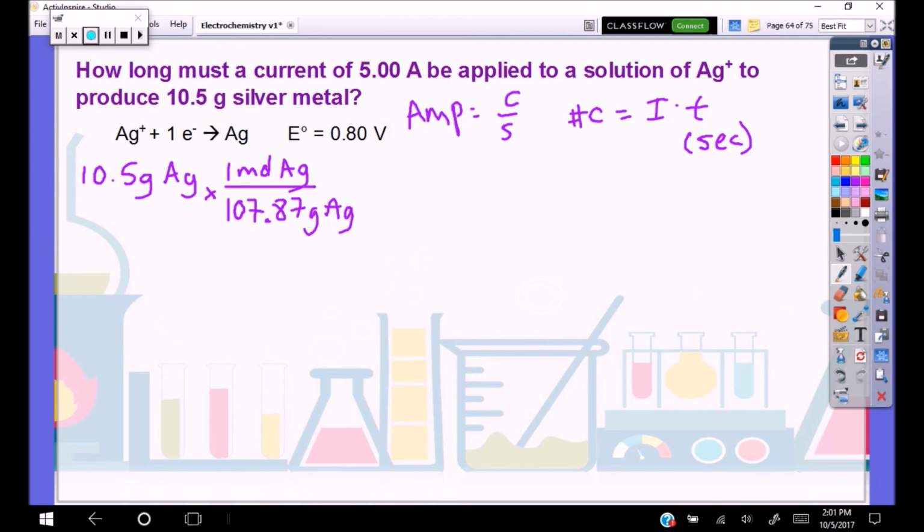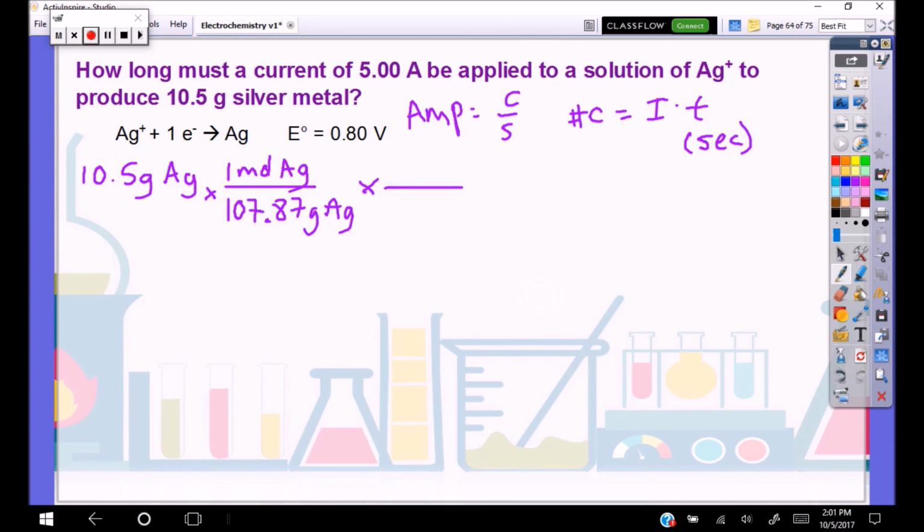Now, if you're familiar with fractions, multiplying by 1 over a number is the same as dividing by that number. So yes, you are dividing by the molar mass, and you may be familiar with converting grams to moles by dividing by the molar mass. But if we use this format, we can keep track of all of our charges and our moles and everything that we need. Okay. So now we're in moles of silver.